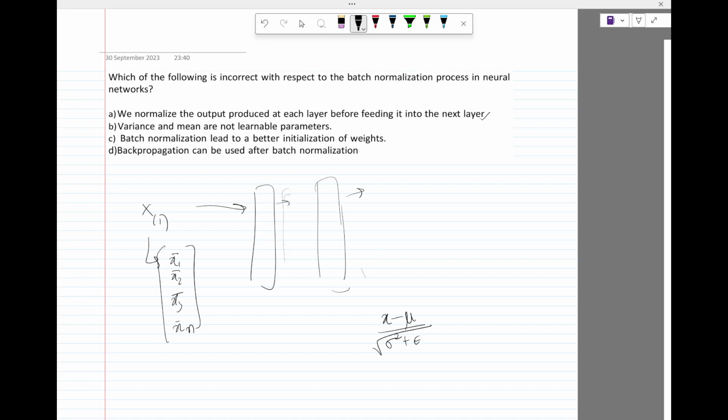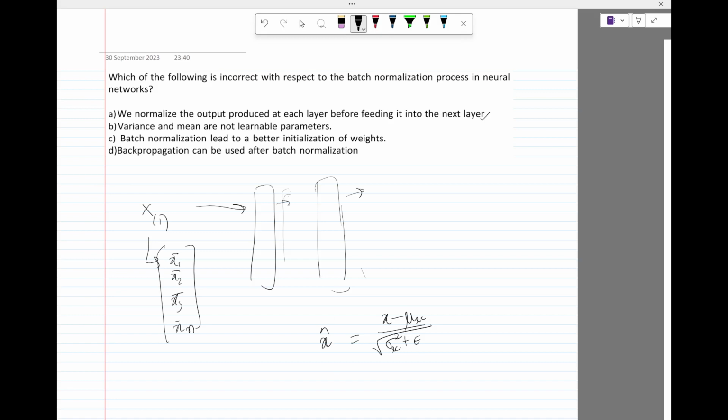This will be for a certain layer and a certain channel. Let's say it is layer 1 channel C. If you are using convolutional neural networks, you will have multiple channels. So this will be your normalization.